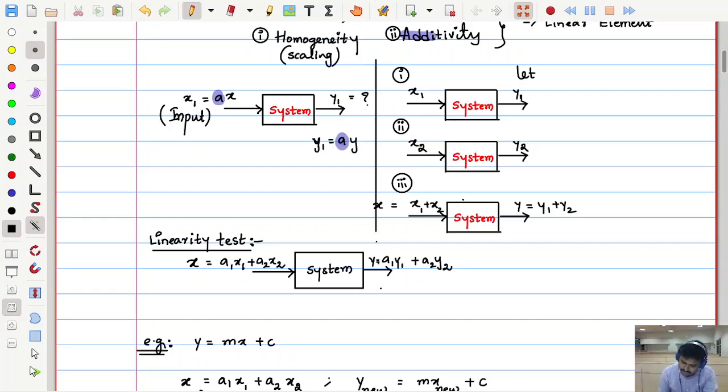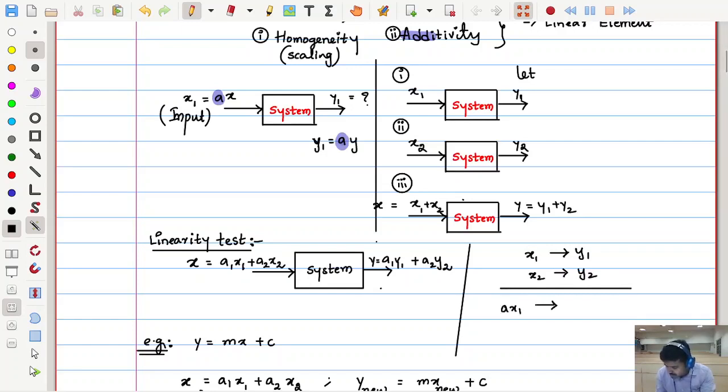Previously we saw that x1 gives an output of y1, and x2 gives an output of y2. Now when I take a1 times x1, how much will be the output if it is obeying the homogeneity property? a1 times y1. If I give a2 times x2, then it gives a2 times y2.